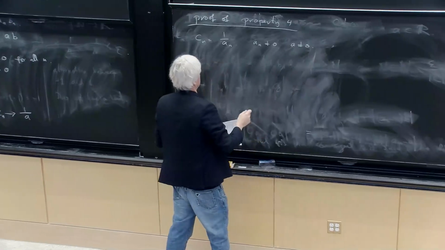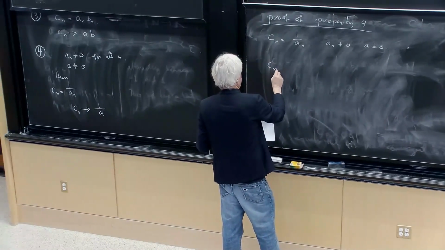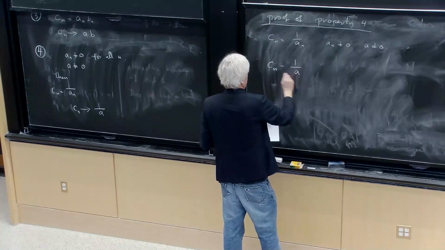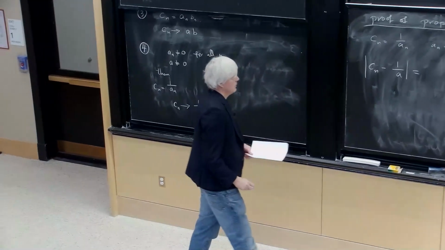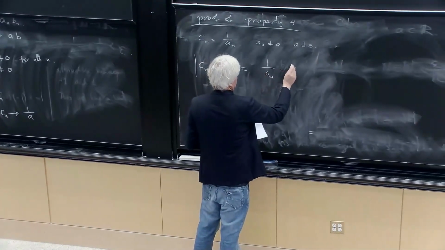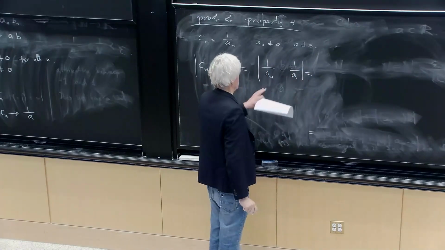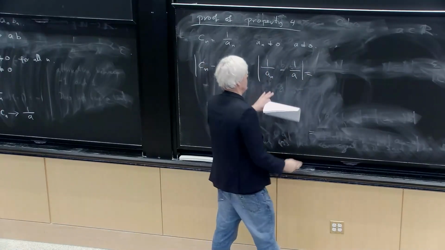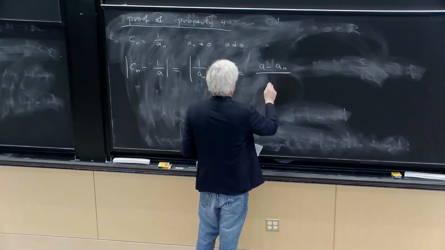This here makes sense, and also 1 over A makes sense. So we want to compare this here with 1 over A. And so this thing here is 1 over AN minus 1 over A. And now I can put it on a common denominator. So this is A minus AN divided by AN times A.